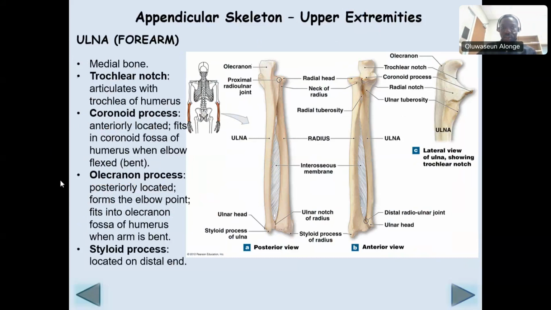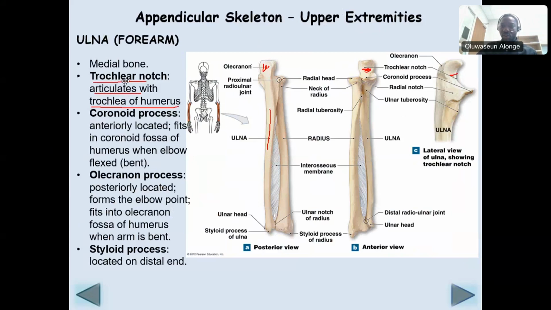Predominantly, the ulna, like I told you, is a medial bone, it's medially located. That is the ulna with the olecranon, which fits into the olecranon fossa. Now, the trochlear notch on the ulna, which is what you see here, you see the trochlear notch? That's a notch where the trochlea of the humerus fits into. So the trochlear notch articulates with the trochlea of the humerus.